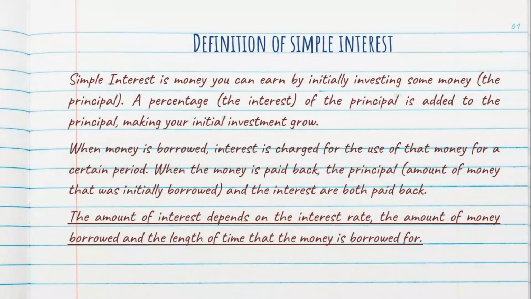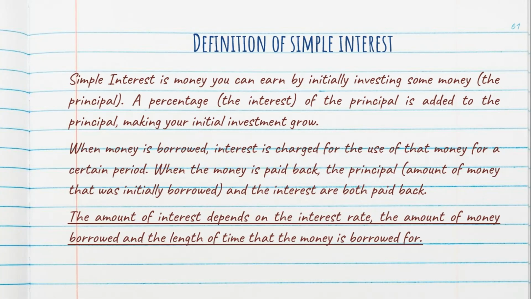Now, simple interest is money you can earn by initially investing some money, the principal. A percentage, the interest, of the principal is added to the principal, making your initial investment grow.